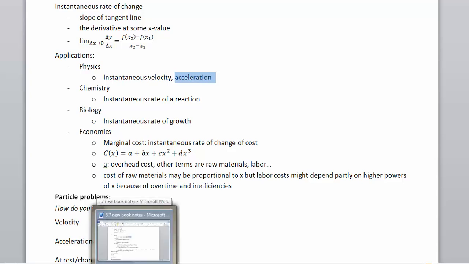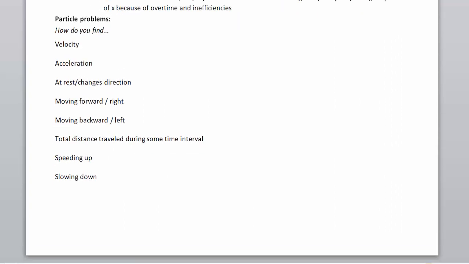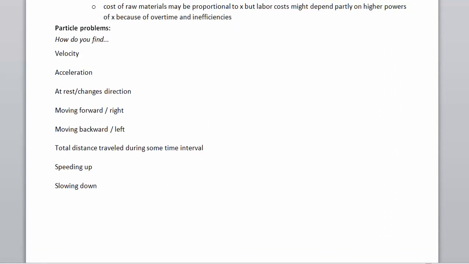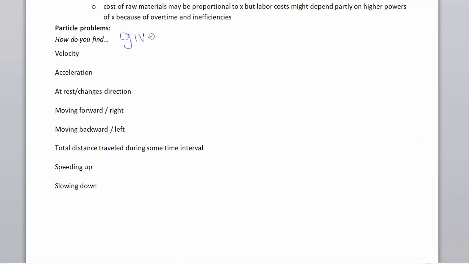Just to quickly review, in a particle problem, how do I first find velocity? If I'm given the position function, and in these problems you are usually given the position function, which is usually s of t, and I want to find velocity, that's just the first derivative, the derivative of the position.